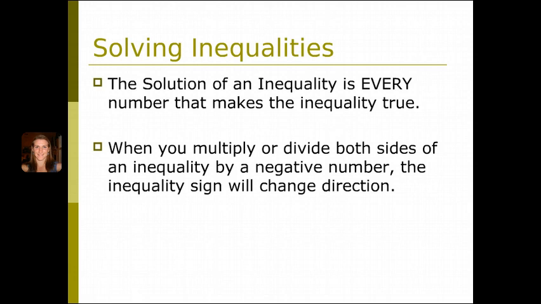So there are going to be lots of solutions. There is one rule that you must memorize for Chapter 3. Anytime that you multiply or divide both sides of the inequality by a negative number, the inequality sign is going to change the direction. It's going to flip directions.